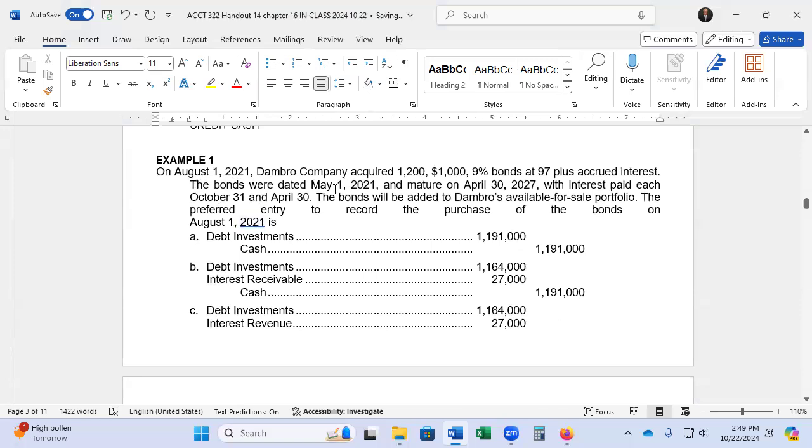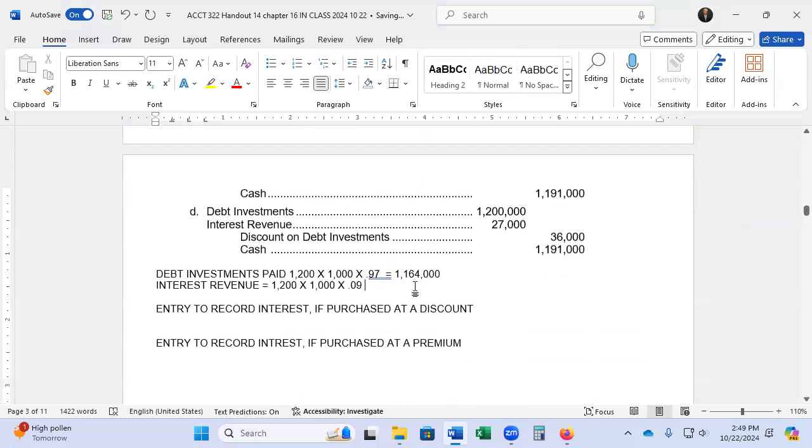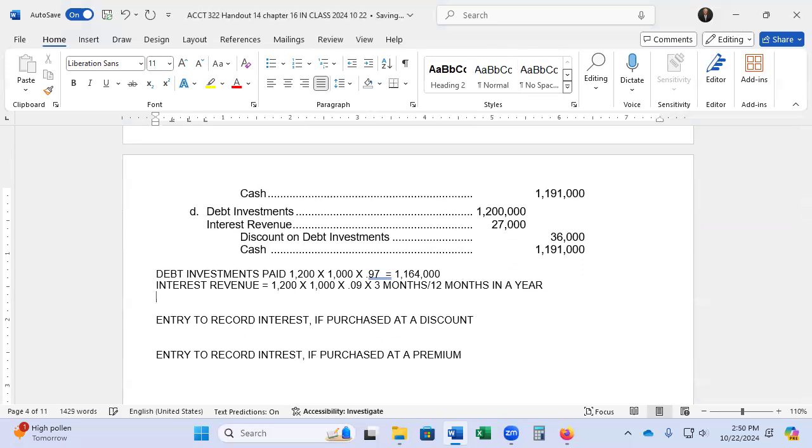So the bonds are dated May, June, and July, and they make payments on each April 30th. So from April 30th to August 1st, you have May, June, and July. That's 3 months. And we have to divide that by 12 because the interest is given to us in yearly. So we multiply that out, and we end up with 27,000.